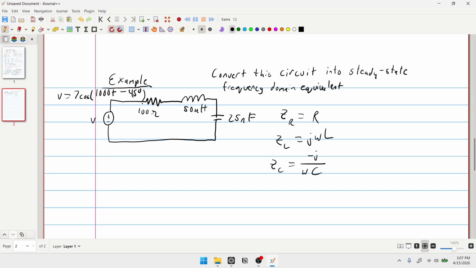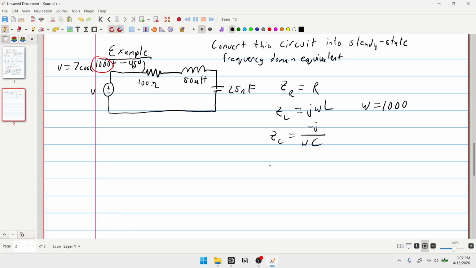So if we look at our voltage equation, we see that we have a frequency of 1,000. So omega equals 1,000. And let's go ahead and plug that in. So for the inductor, we have j times 1,000 times 50 microhenries, and that equals j0.05.